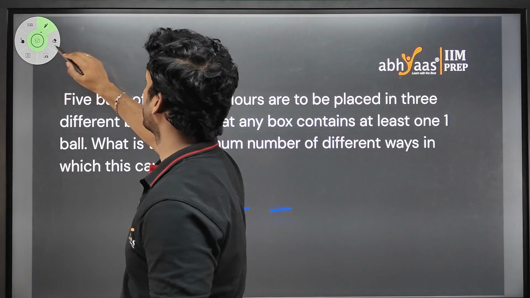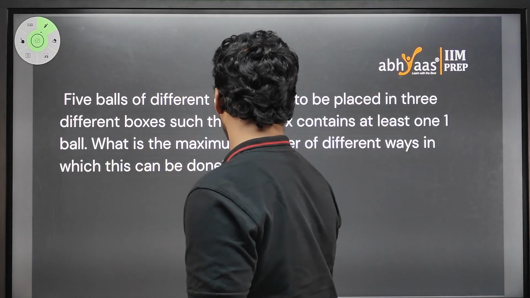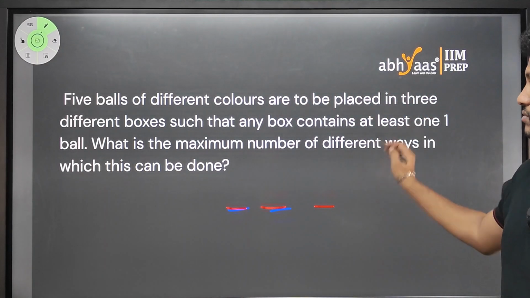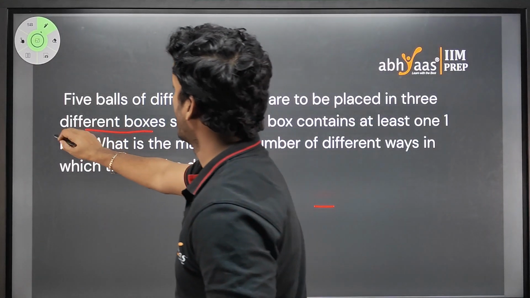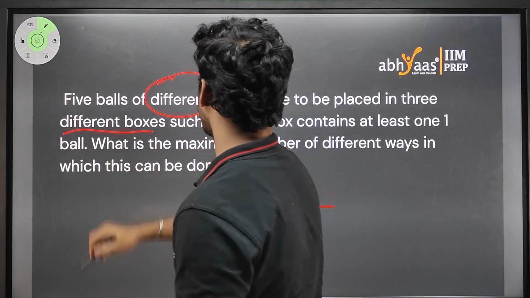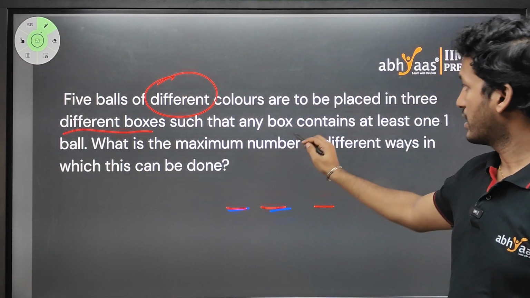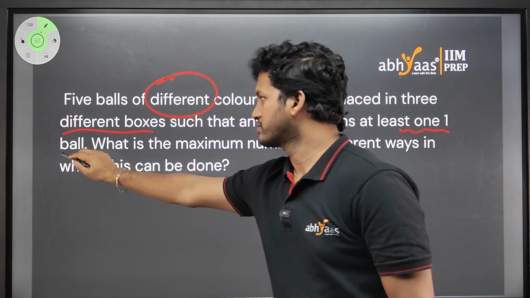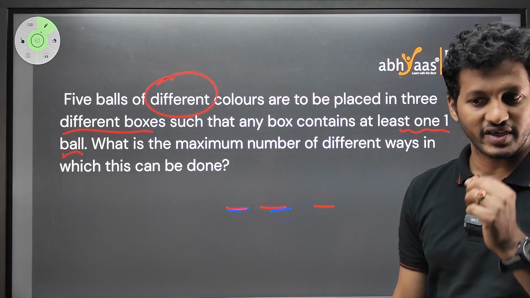There are 3 different boxes, and there are 5 different balls, such that any box contains at least 1 ball. So how many ways can we arrange this?